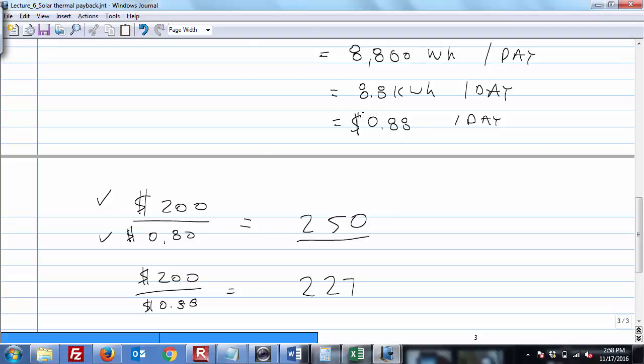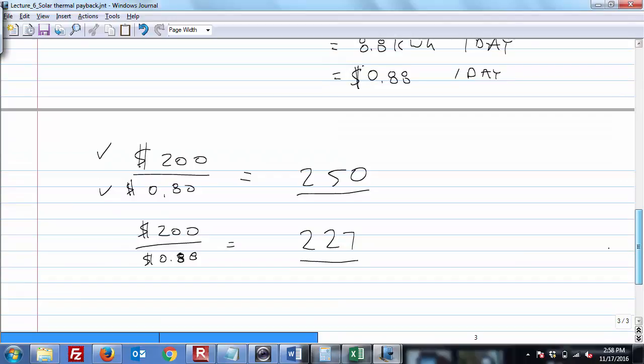If we just assume that the system is going to pay for whatever of its own energy it's making, that would be 227 days. Obviously, it'd be faster because it's making more than that energy per day. So either one of those is going to be in the ballpark.